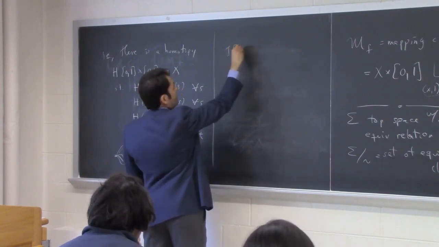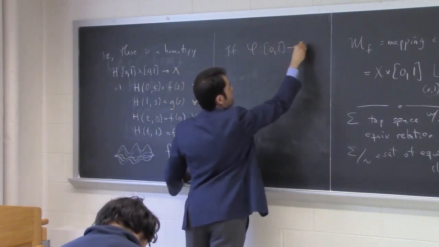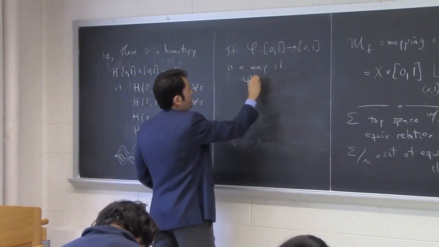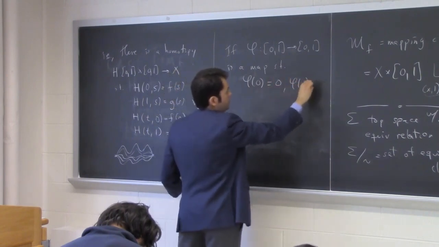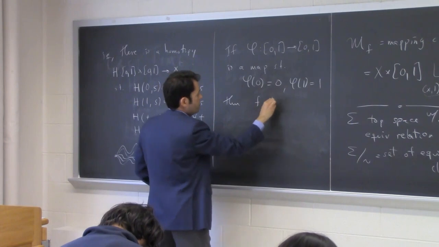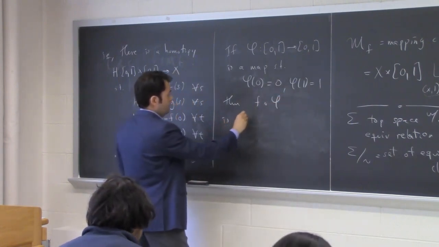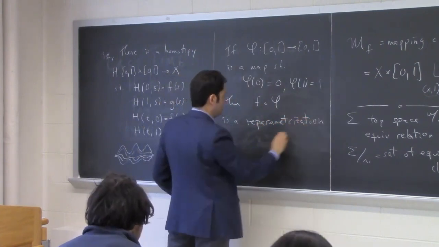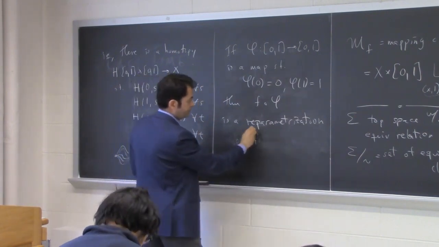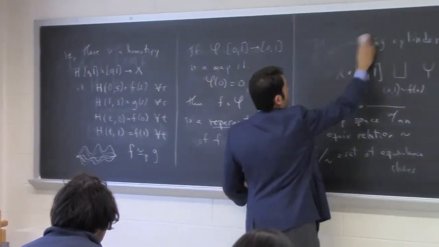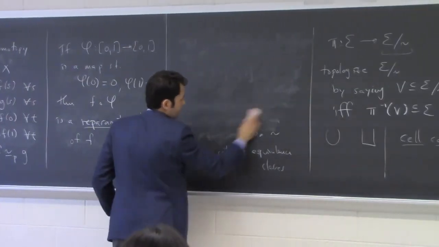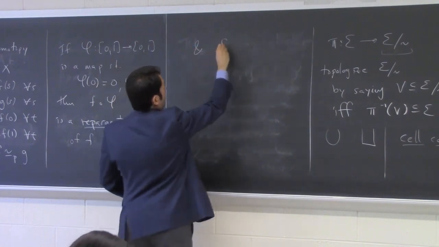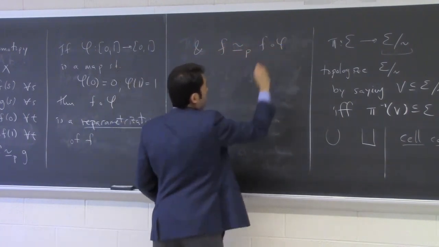If phi from [0,1] to [0,1] is a map such that phi(0) is equal to 0 and phi(1) is equal to 1, then f composed with phi is a reparametrization of f, and f is always path homotopic to f composed with phi.